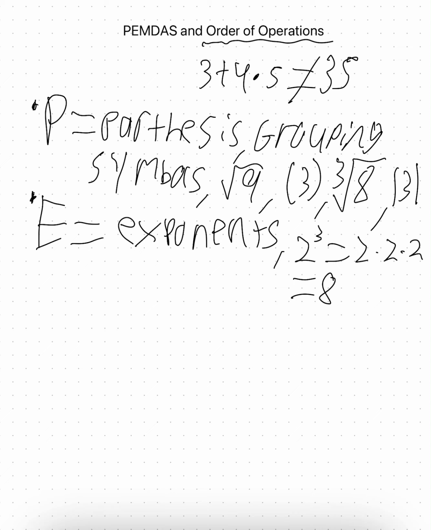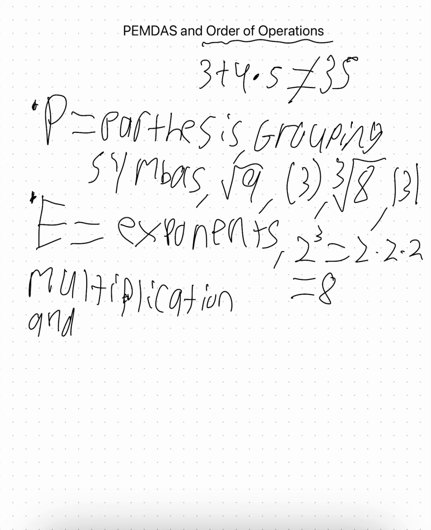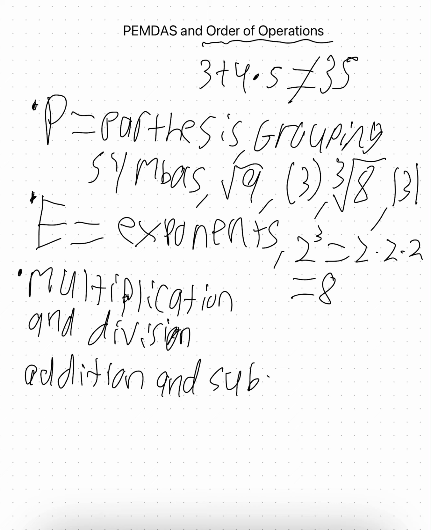And then we have multiplication and division, M and D. Sometimes you can do division before multiplication, and it's the same case with subtraction and addition. And our last one is addition and subtraction, which I hope you know what that is by now.